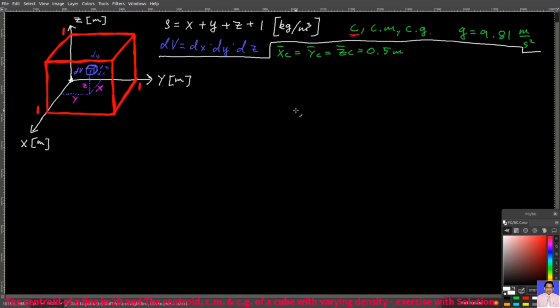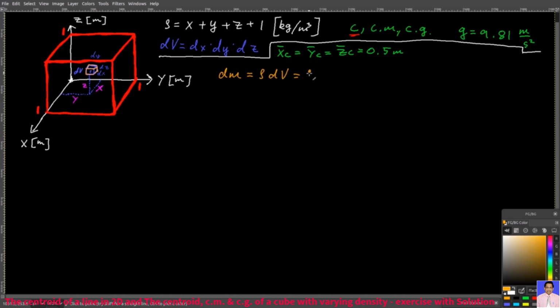First, let's find the mass of the cube. You have a differential mass element in the cube, which is called dm. This dm can be written like this: the density times dv. So dv is the differential volume of this differential element inside the cube.